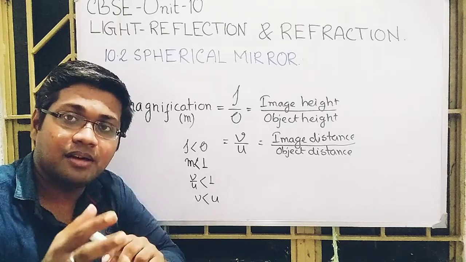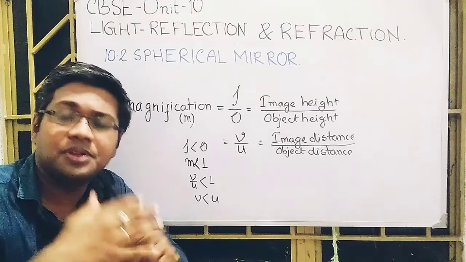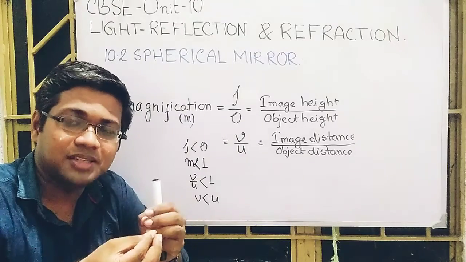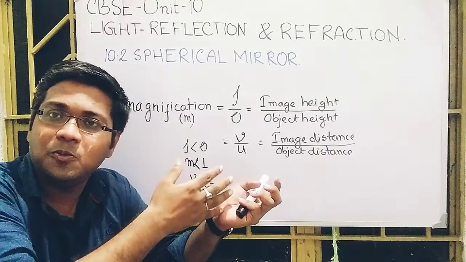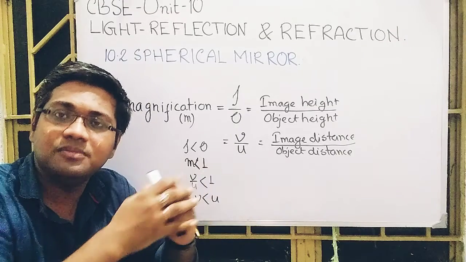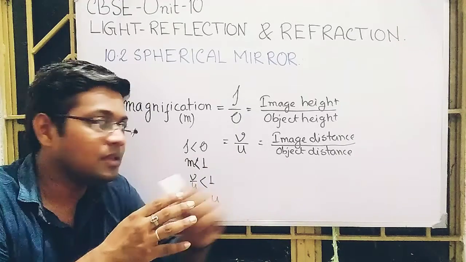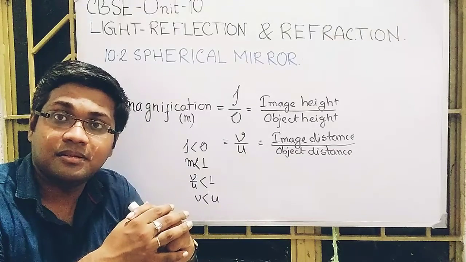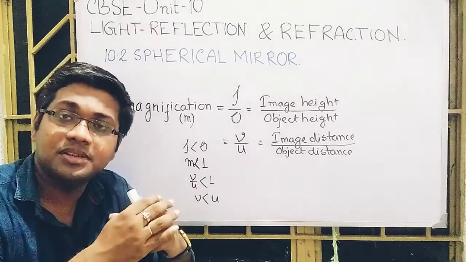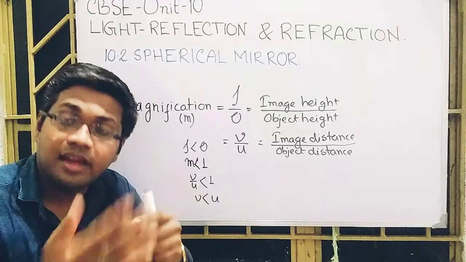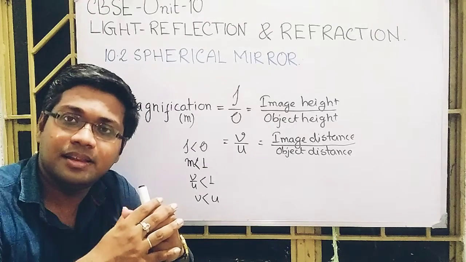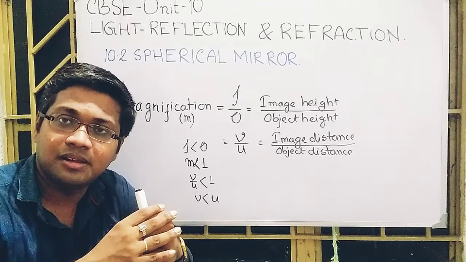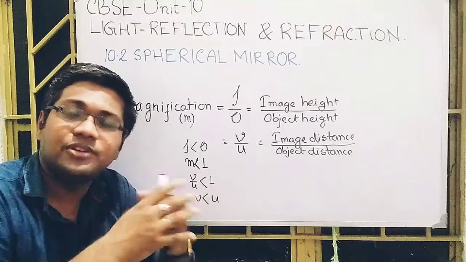In the next lectures, some lectures after, we will discuss how the sign combination plays an important role, because you know that V, U, all of these things may be positive, may be negative, because sometime before I discussed that V is negative if the image is real, V is positive if the image is virtual. So you will see after drawing the ray diagrams.